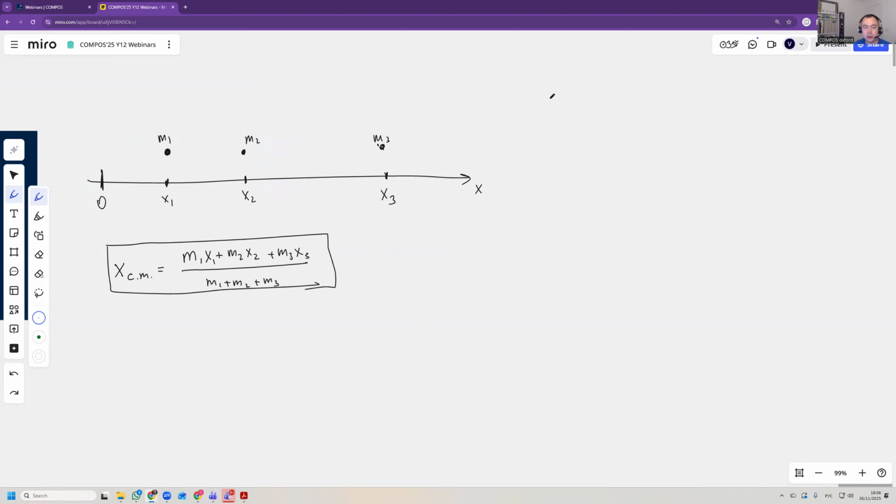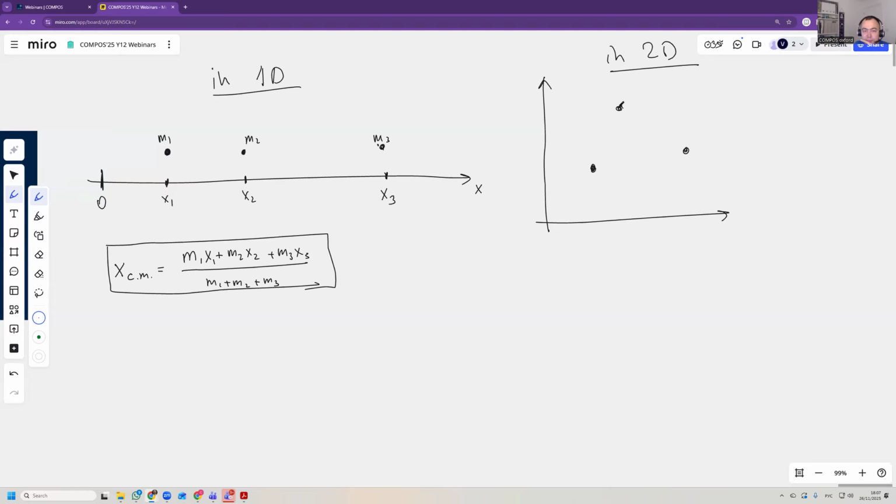Now if you have 3 points in a 2D case, let's say M1, M2, M3, every point has an X coordinate and a Y coordinate.